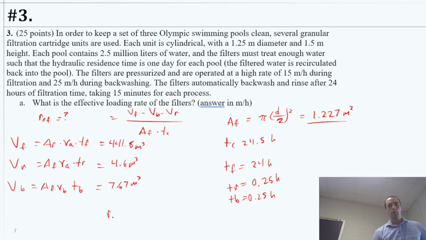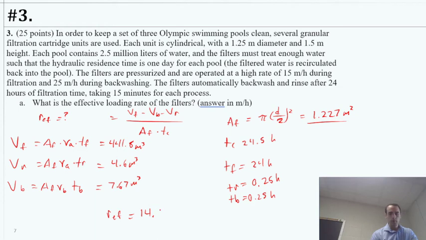So then we can put all those into our effective loading rate equation and get an answer, and we should expect this answer to be a little bit below our loading rate. Our loading rate was 15 meters per hour, so we expect this to be lower than 15, and if it was not, we would have some concern.